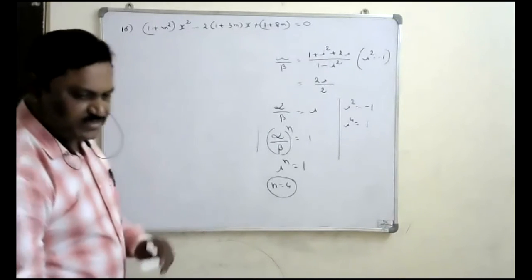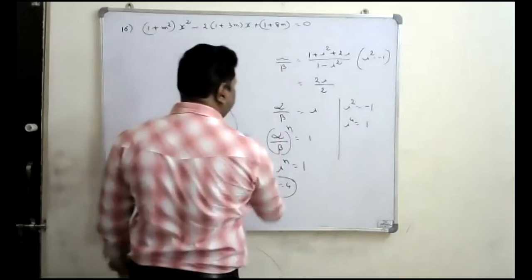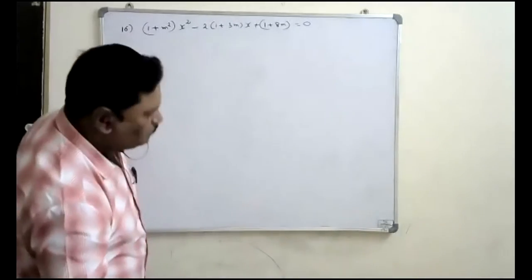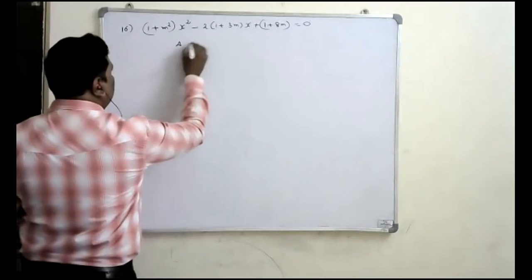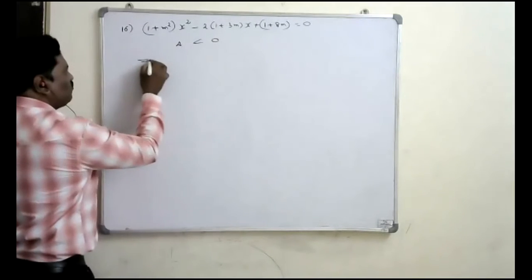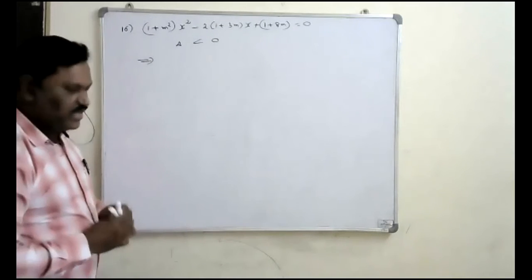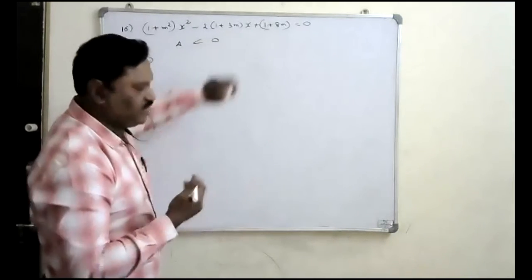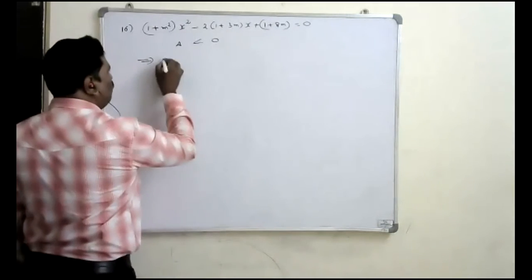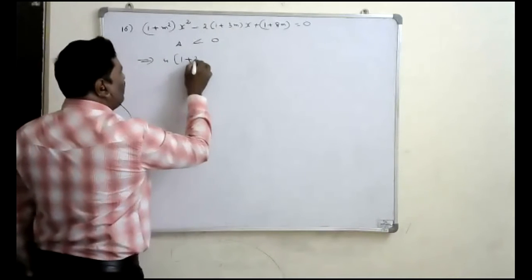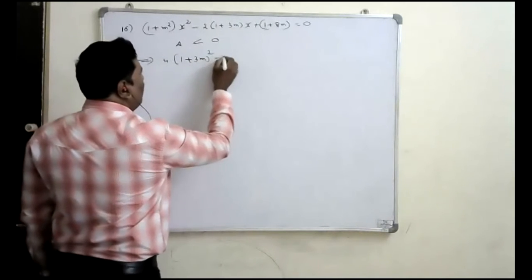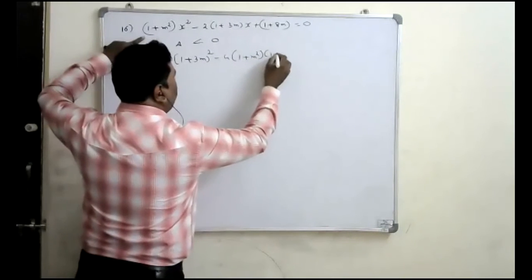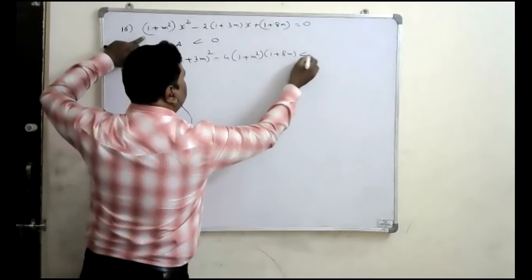If this equation has no real root, then what is the condition? Discriminant, b squared minus 4ac, is less than 0. b squared means minus 2 into 1 plus 3m whole squared, so that is 4 into 1 plus 3m whole squared, minus 4ac. a is 1 plus m squared and c is 1 plus 8m, and this is less than 0.